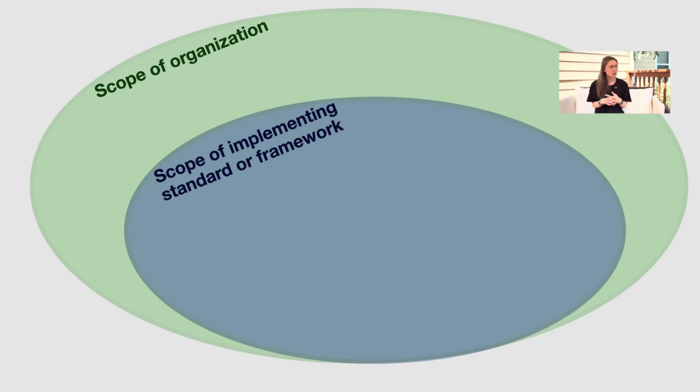Why am I saying that each ISO standard will have a different scope? Because for quality, for example, it's more important to include design and development or service deployment. For information security, it's important to include the security team in the scope of the certification. So each standard can start with a different scope, maybe slightly.